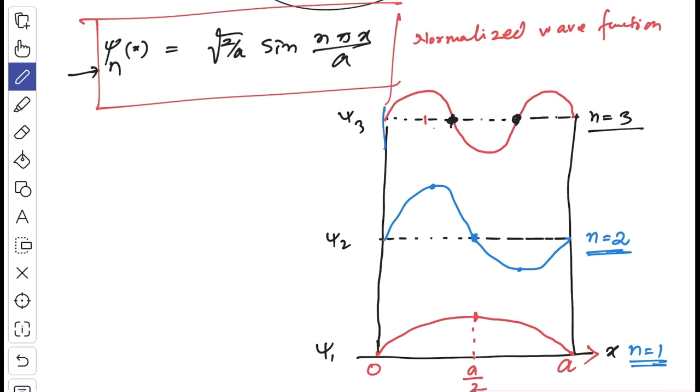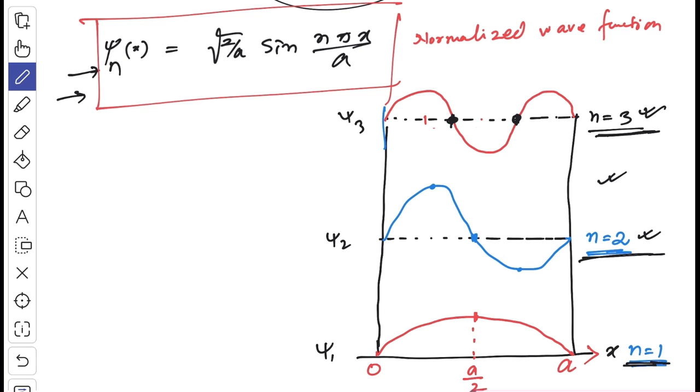If you draw it, you're going to have this kind of graph. Here n is equal to 1, this is the ground state, then n is equal to 2, this is the first excited state, and here this is psi 3, n is equal to 3, this is the second excited state.